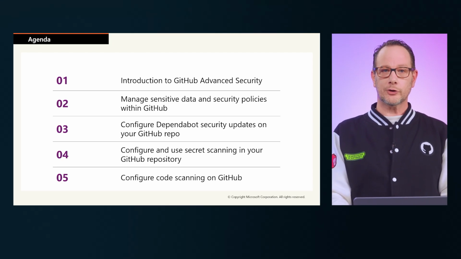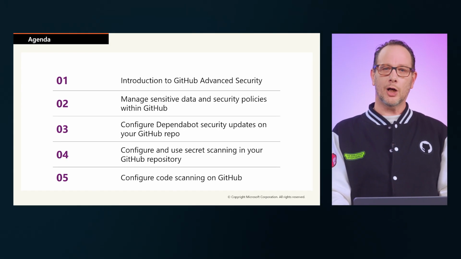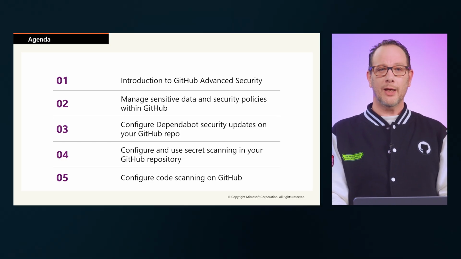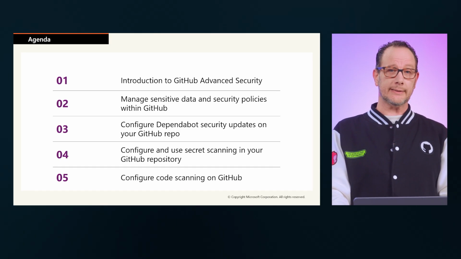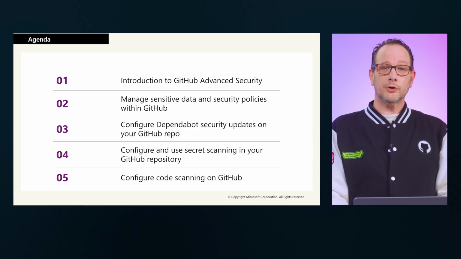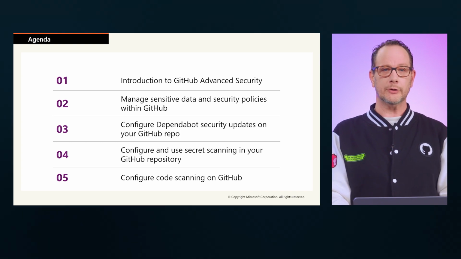I'll kick off this course with an introduction to DevSecOps and GitHub Advanced Security, mainly setting the scene on what the features are about, as well as positioning some licensing aspects. In the second module, you'll learn about several GitHub security best practices, helping you to protect and secure sensitive data, as well as configuring security policies for your code repositories.